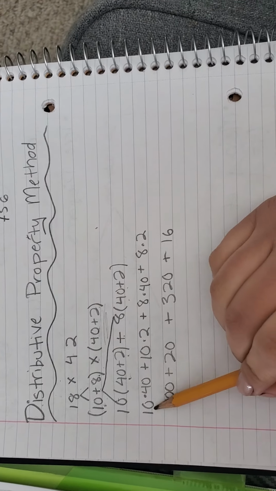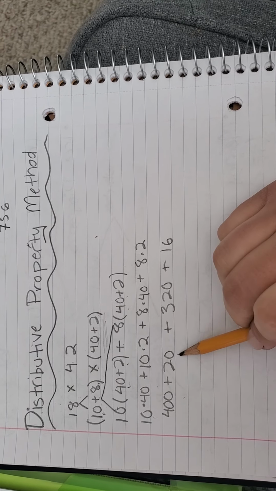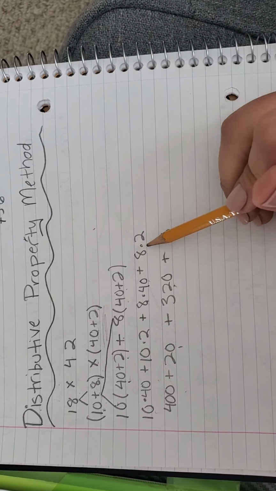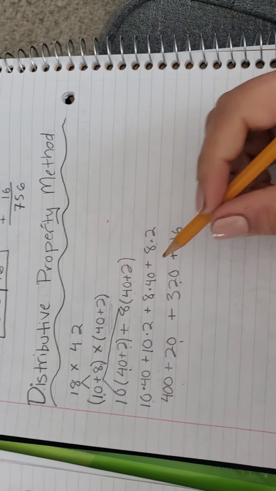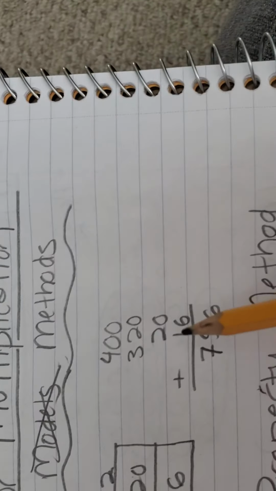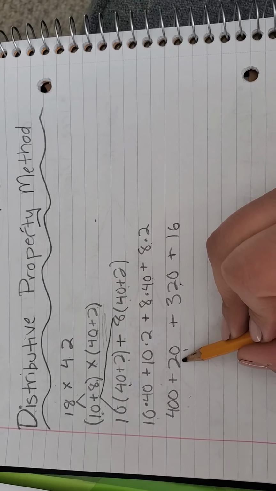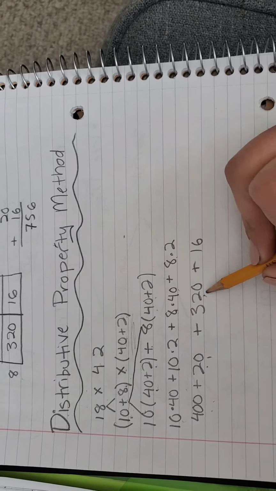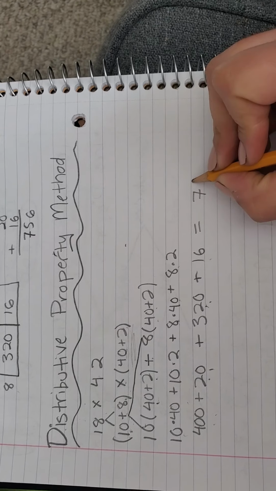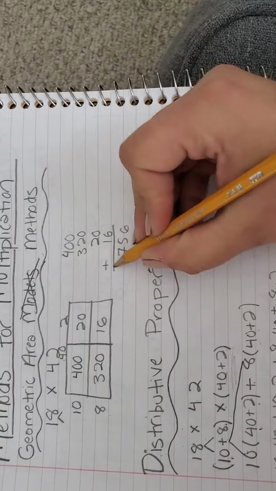So I've multiplied 10 and 40 and 10 and 2 to get 20, and 8 and 40 to get 320, and 8 and 2 to get 16. And this is the same kind of problem that we had right up here, where we added 400 plus 20, 420, add another 320 and 16, and so you're going to get 756. So the same answer again, which is perfect. That's what we want.